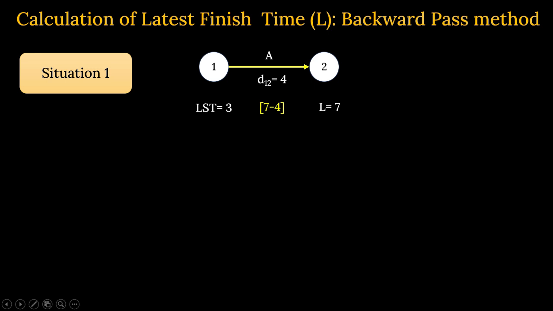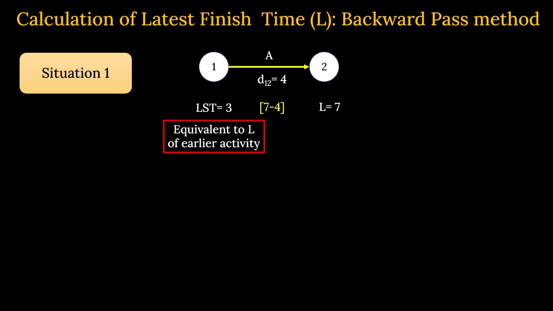It is known as L, equivalent to L of the earlier activity. It is the latest finish time of the earlier activity, or the latest start time of activity A. You got my point?